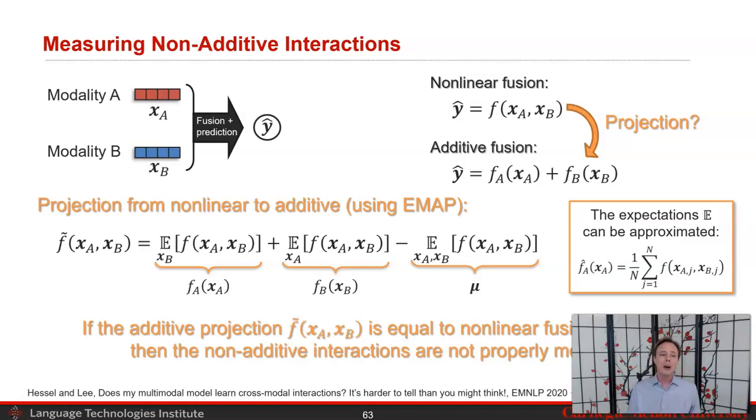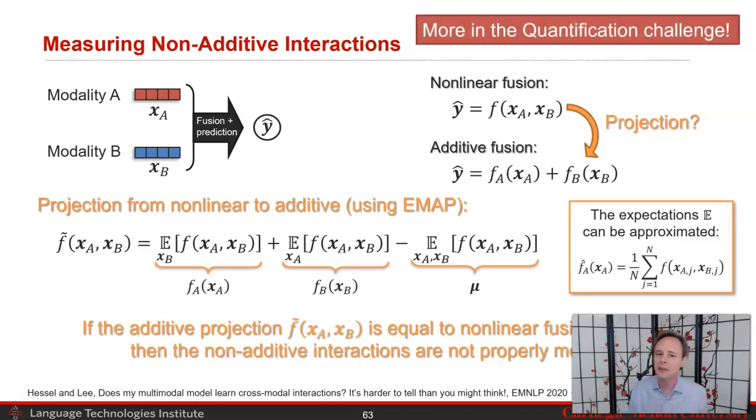And in fact, the paper was showing that for quite a few models, the performance is very close once you've done this projection, which hints at the fact that maybe those big complex models, although they have all these fancy things, at the end it's maybe just an ensemble or an additive of multiple nonlinear models, simply added together. And we'll discuss more of this in the quantification challenge.